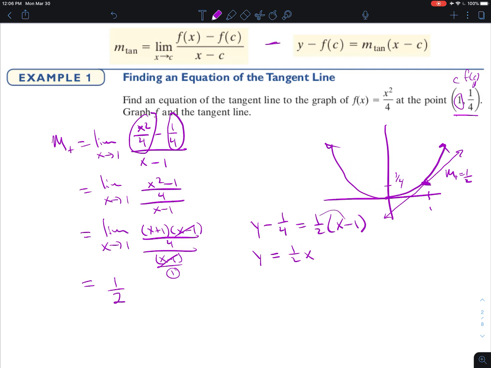If I distribute this, that's minus 1/2, and I'm going to add 1/4 to that. So I end up with minus 1/4, and that seems to resonate with my picture, my sketch over here, which isn't brilliant, but at least I've got a sense of, okay, I've got my signage in order, it's a positive slope, all that kind of stuff. So there's my final answer for the equation of that line.